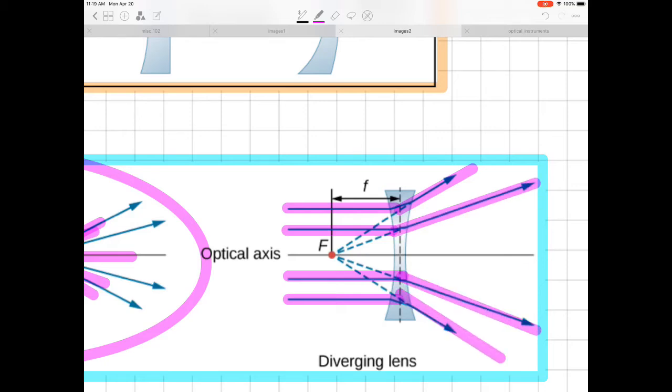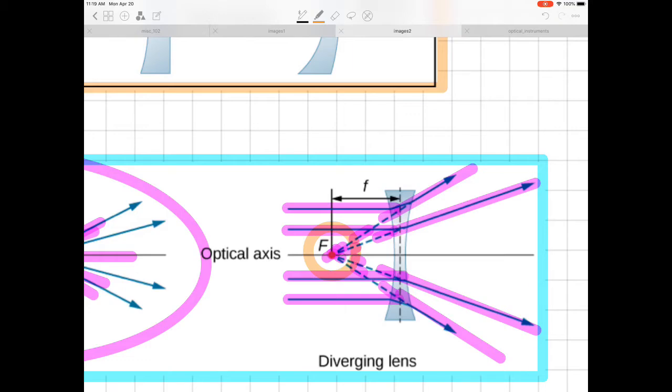This is why diverging rather than converging. So those rays begin to spread apart. These rays will never meet over here. So instead, what we do is we trace these rays back. It appears that these rays are all coming from the same spot over here. And that's the focal point corresponding to the focal length of the diverging lens.